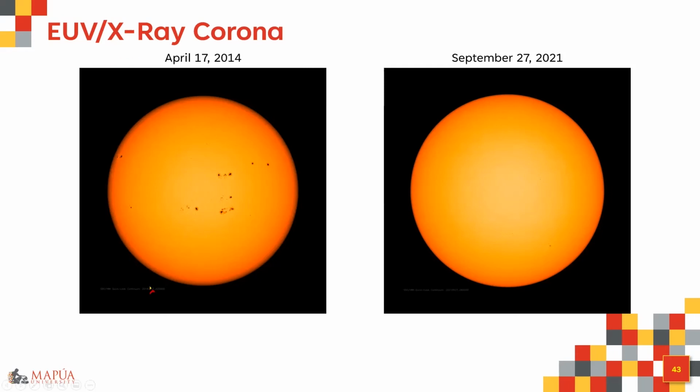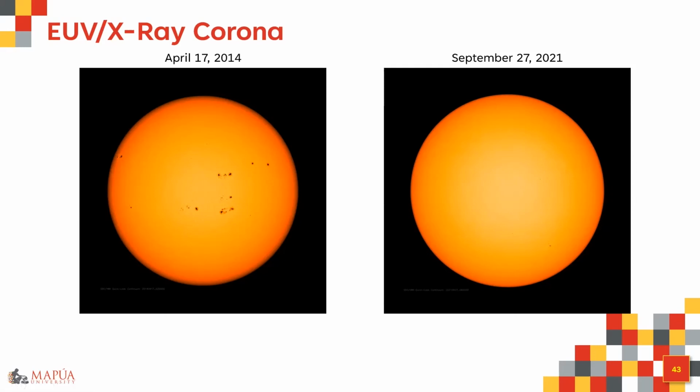This is the moment where the sun is active, this is high solar activity. This is during low solar activity, which is, how do we know? Basically by looking at the sunspots. So relatively, this is a low solar activity. Sun during low solar activity. This is the sun with high solar activity.